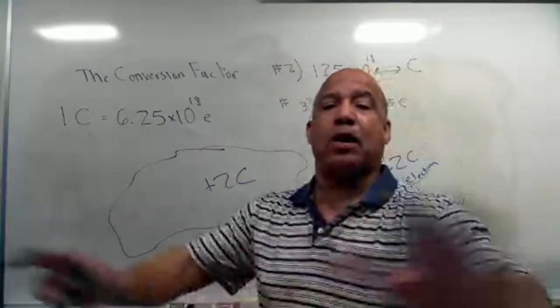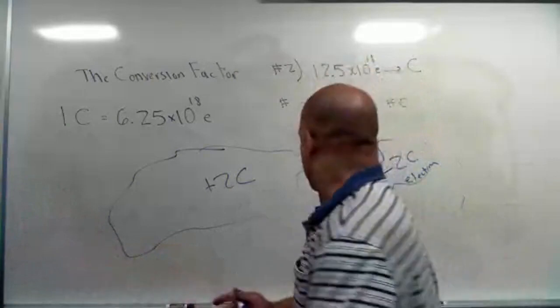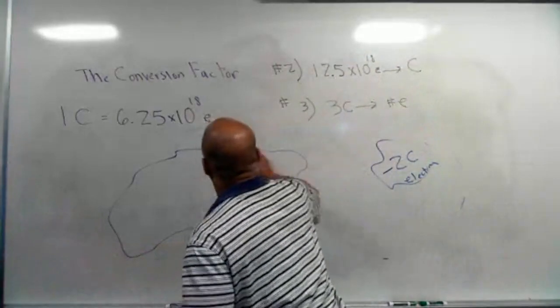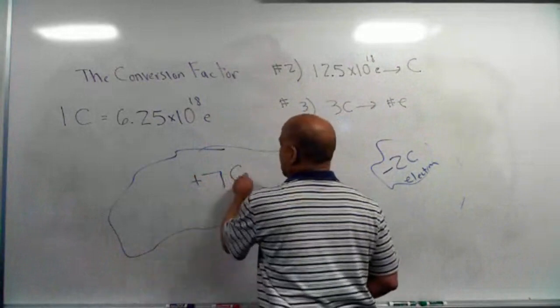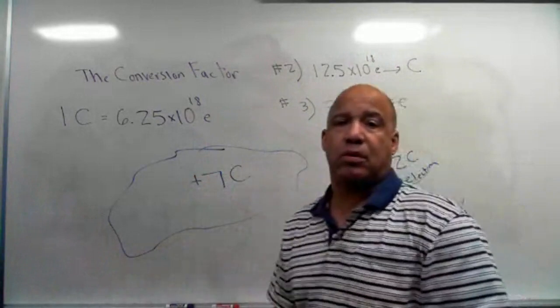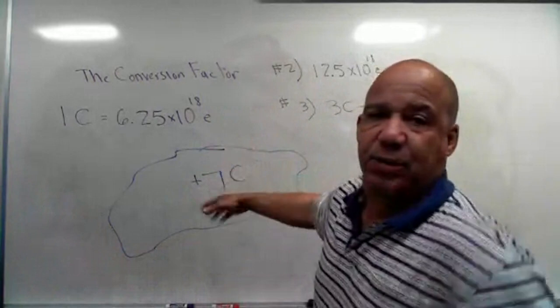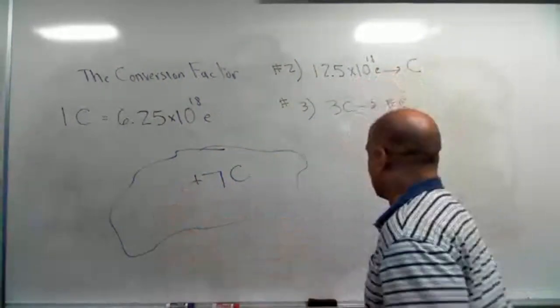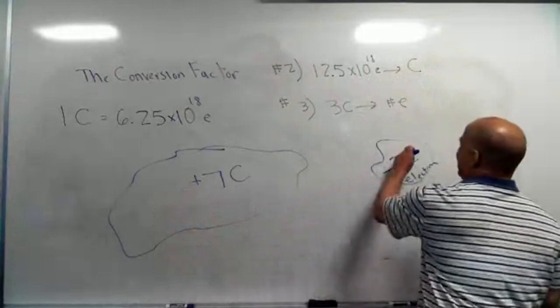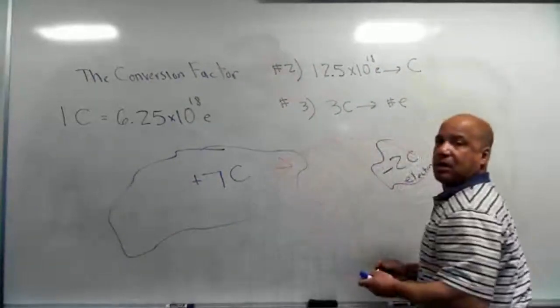Let's say that you walk into the room and all you knew was this had a charge of plus 7 coulombs. You don't know what this thing is, but whatever it is, it has a charge of plus 7 coulombs. And then I'm going to add these electrons to this object.